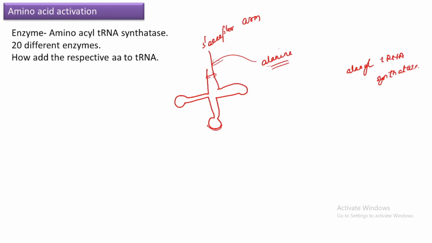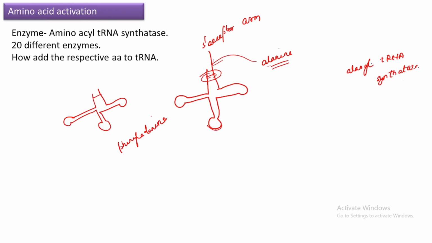Clear? Okay. If we insert the base pair into some other tRNA that is specific to some other amino acid, for example phenylalanine, then what will happen? This base pair will be taken from here and inserted into this tRNA.